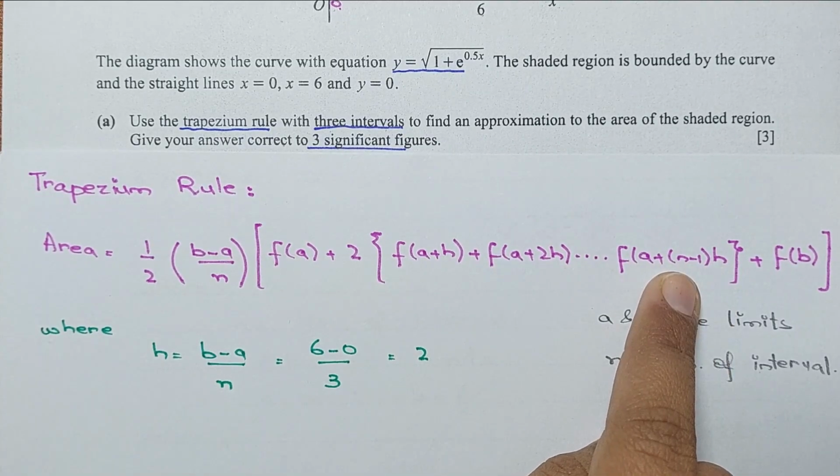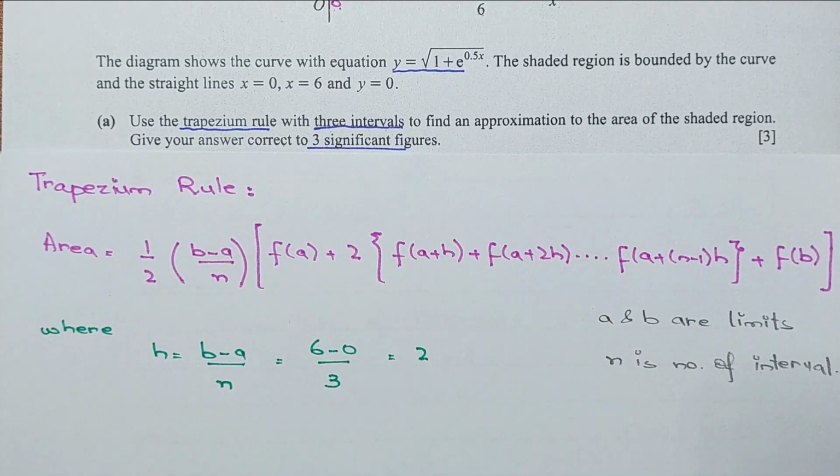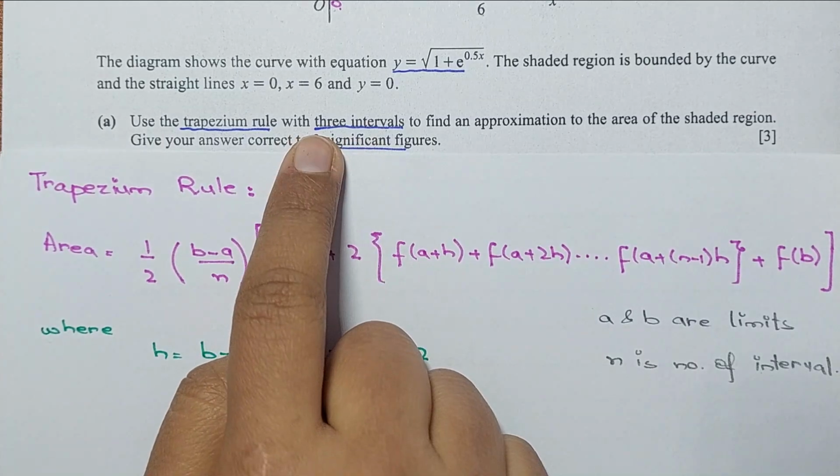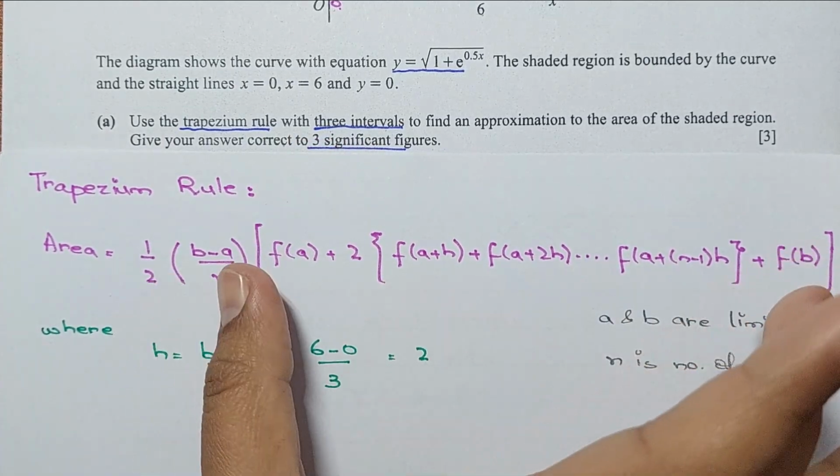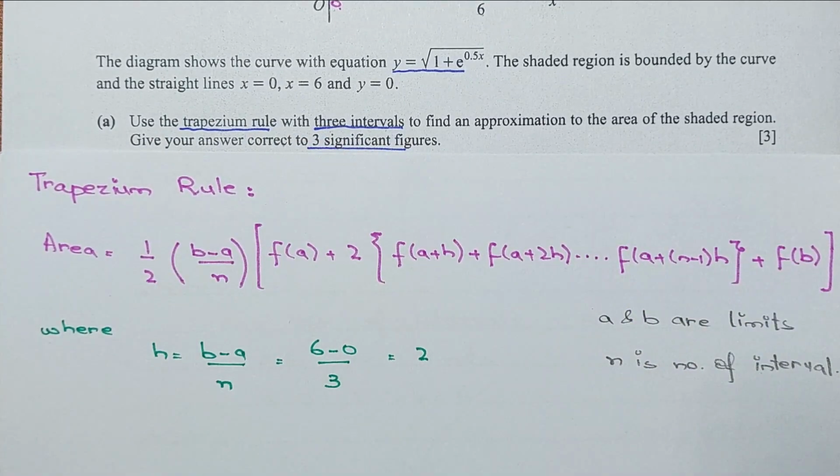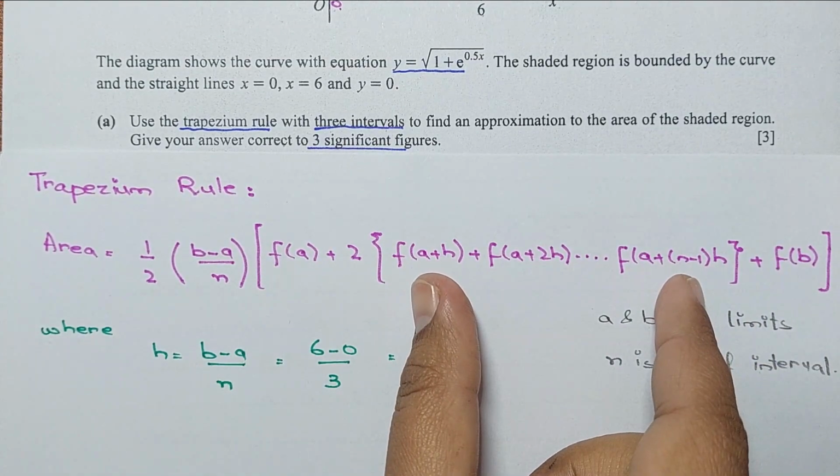n is the number of intervals, right? So when the intervals are 3, inside the bracket we have to pick 4 values: the first one, the last one, and in the middle we have 2 more values.